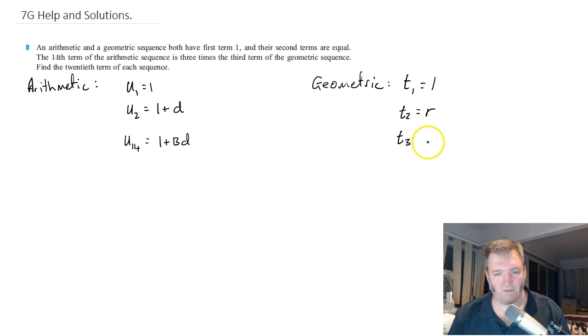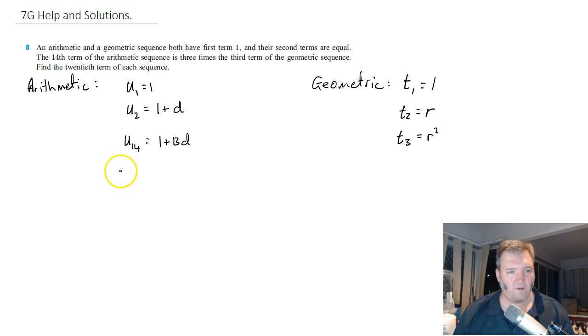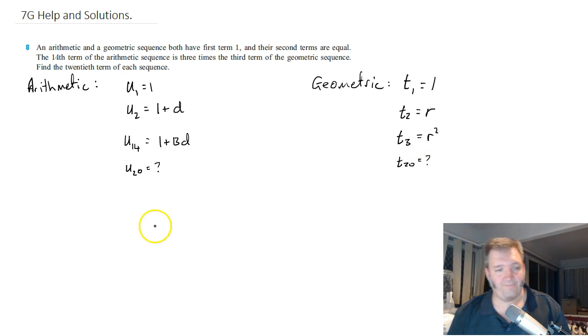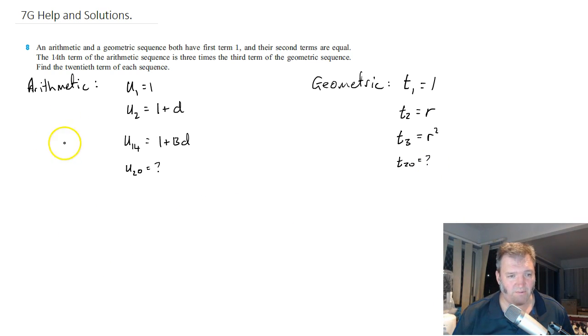So the third term of the geometric is R squared, and we have to write those in equations now, and then find U20, which we're not sure about, and T20, which we're not sure about for now. But we can go ahead and figure these out because we've got simultaneous equations here. We must be able to do something.